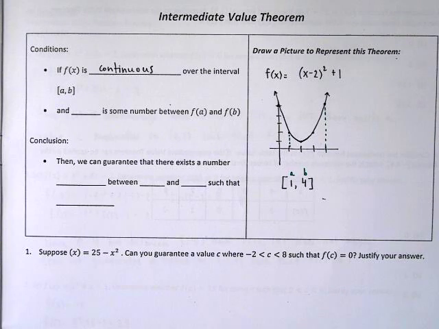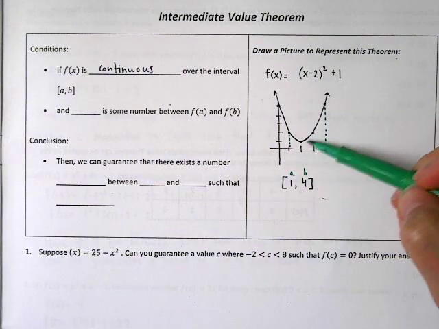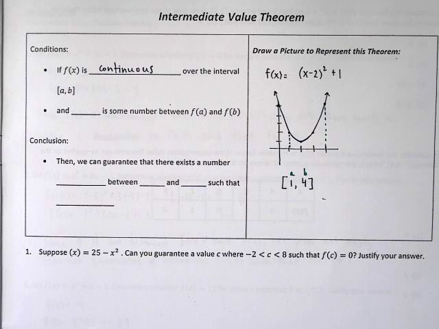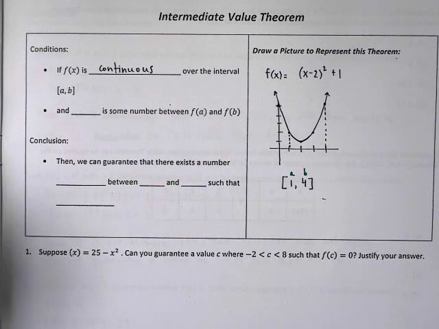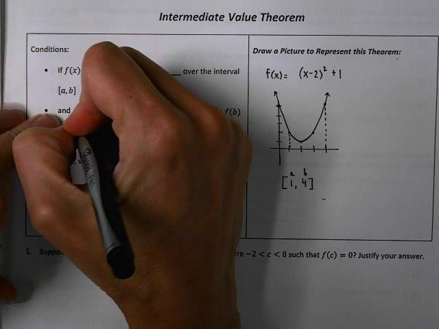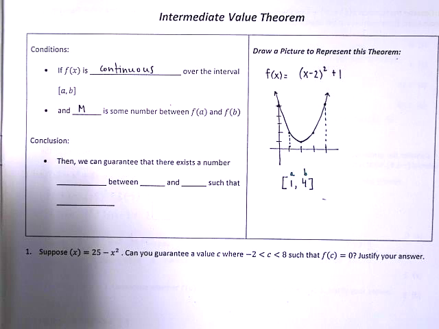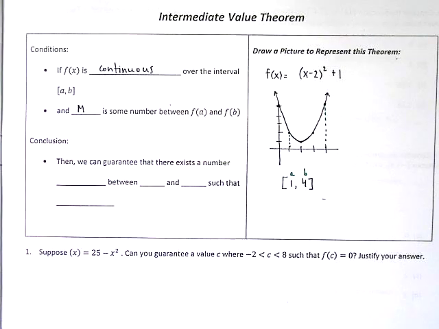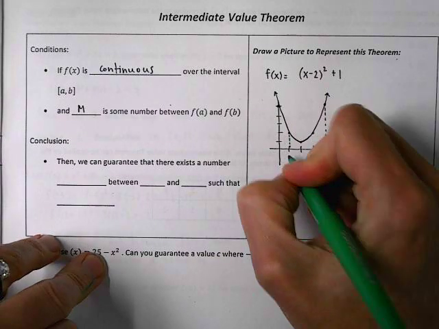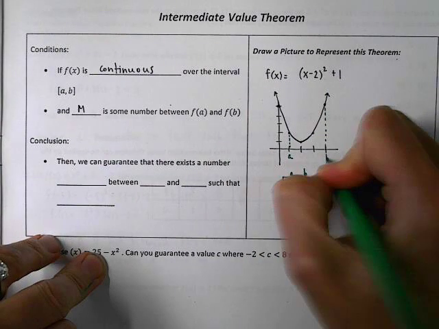Okay, so now our function is obviously continuous over that interval. There are no asymptotes, holes, anything like that. Now, the second condition is that m is some number between f of a and f of b. So let's take a look at what that means. In our case, let's say we called this a and this was b.